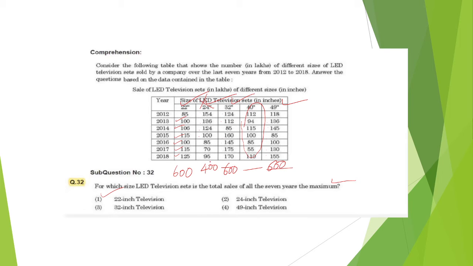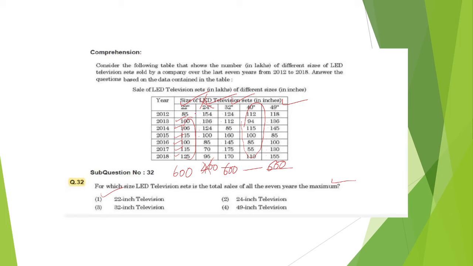From this one also, we can eliminate some things, because in 22 inches, 32 inches and 49 inches, we will see after hundreds how much is more. Hundreds are there, but after hundreds, how many tens are there in each? Then from that also we can eliminate some options.